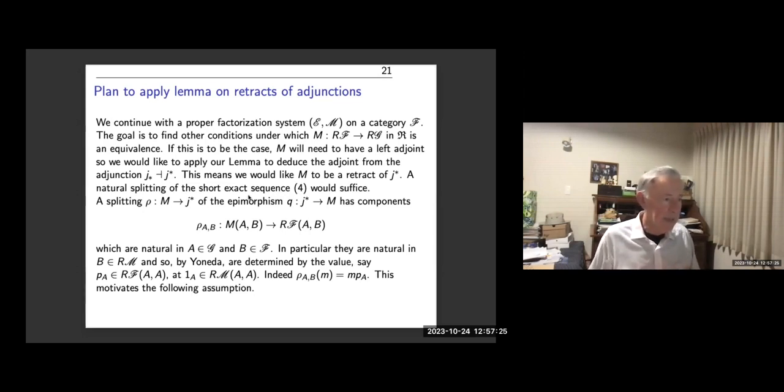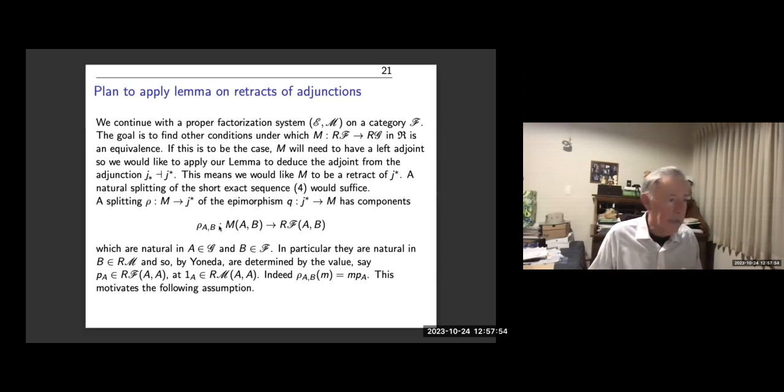And so by Yoneda's lemma, you can take A to be equal to B and take the value of the identity and not lose anything. You evaluate the identity, so it'll give you something from A to A over in F. And that thing's going to be called PA, and it's supposed to be an idempotent.